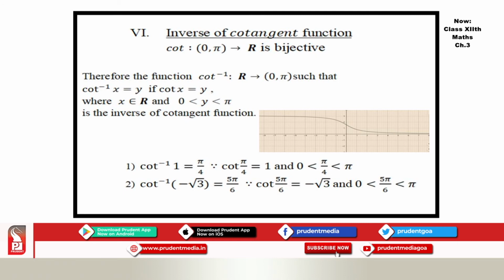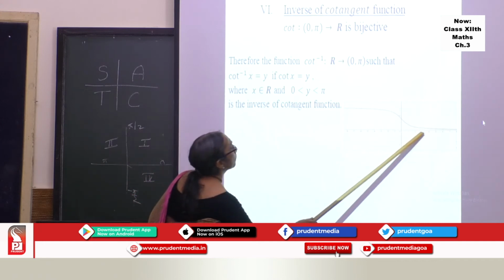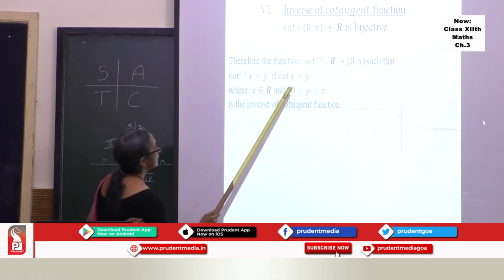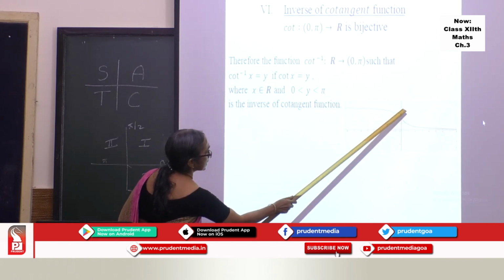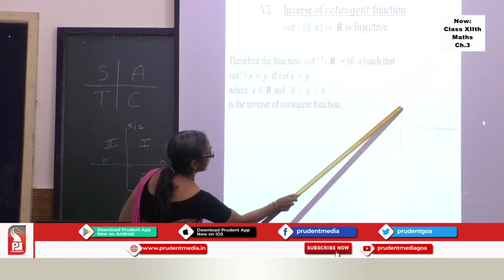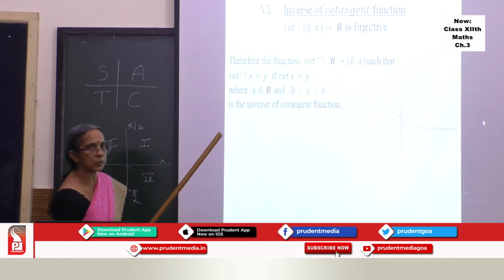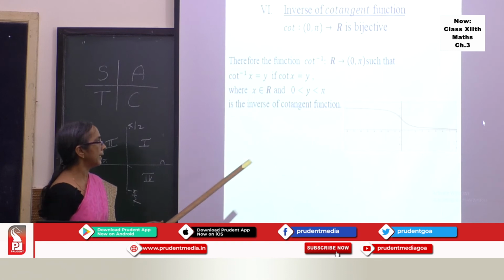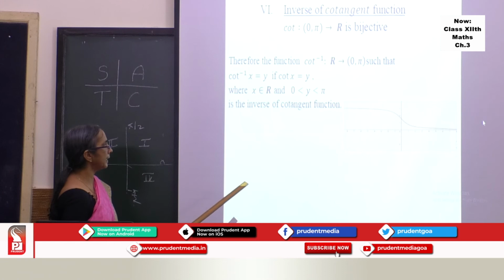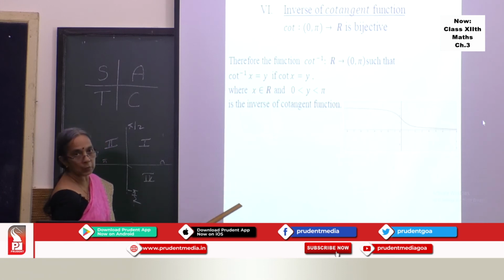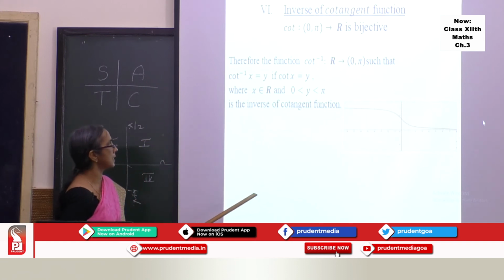It never touches y equal to 0. It is going very close to the line y equal to pi, but never touches the line y equal to pi. It is between y equal to pi and y equal to 0, which is the x axis.